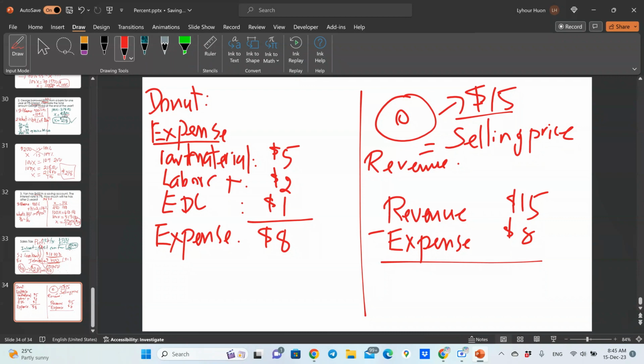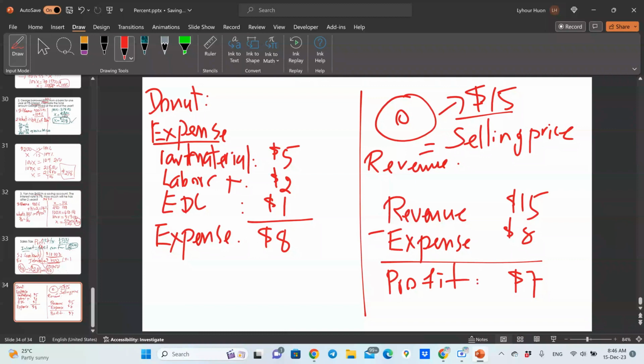It's 7, but what should be the term? The income that we earn minus the outcome that we have spent. Profit. Yes, profit. So revenue minus expense is the profit.